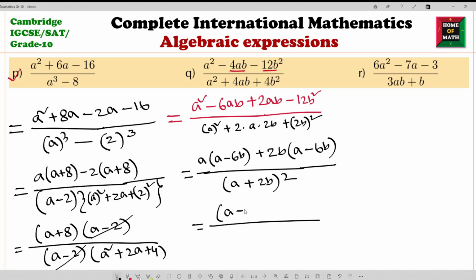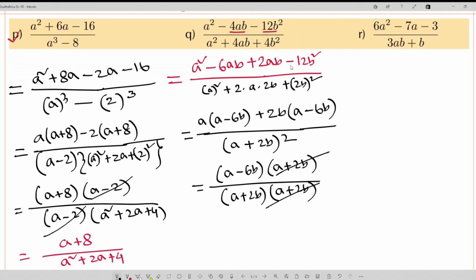So a minus 6b, a plus 2b, and here is a plus 2b times a plus 2b. So a plus 2b out, and our answer is a minus 6b over a plus 2b. Okay, so P is done.